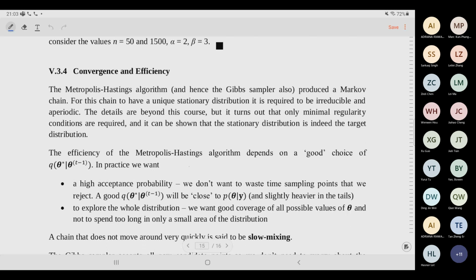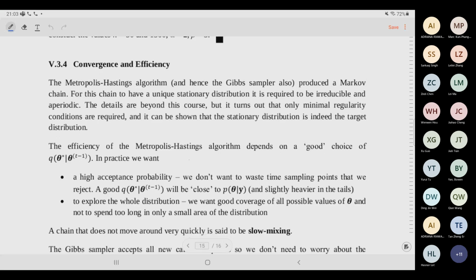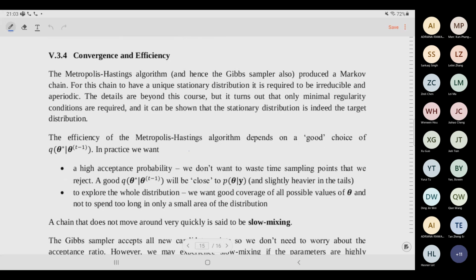Metropolis-Hastings produces a Markov chain, but it needs some assumptions for convergence: it must have a unique stationary distribution, and the minimal regularity conditions are required, so that our stationary distribution is indeed the target distribution, which is the posterior.